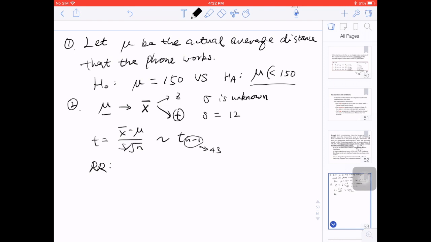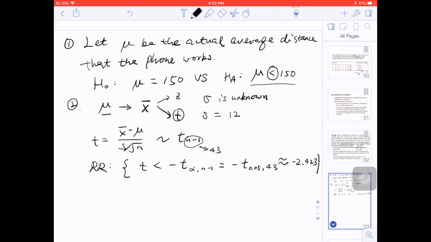Because our alternative hypothesis is mu is smaller than mu0, my rejection region should be t is smaller than negative t alpha, n minus 1. So this is negative t 0.05, 43. If you check the t table, this is about negative 2.423.